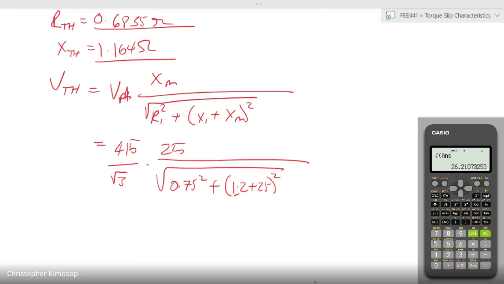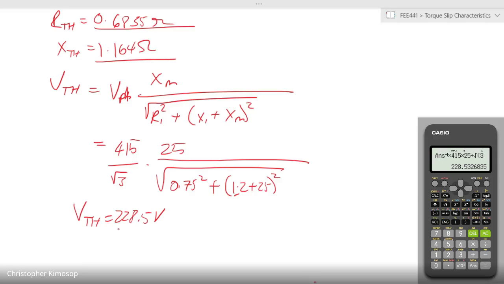It's 26.2. Then we multiply by 415 times 25 divided by square root of 3. Hopefully it gives us the answer. Yes, so Thevenin voltage is equal to 228.5 volts.